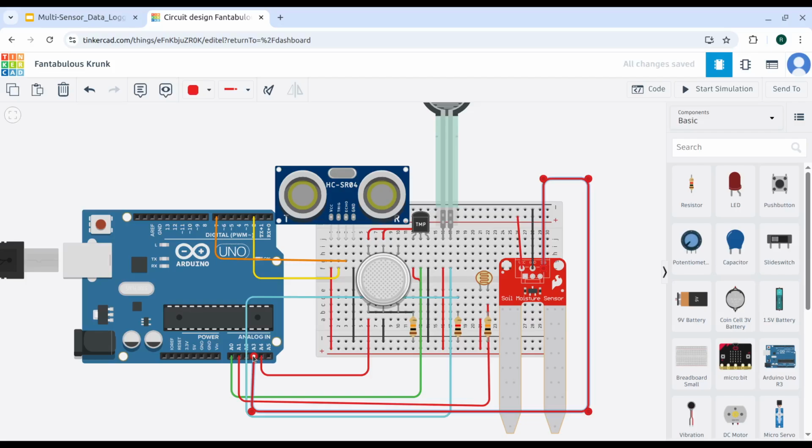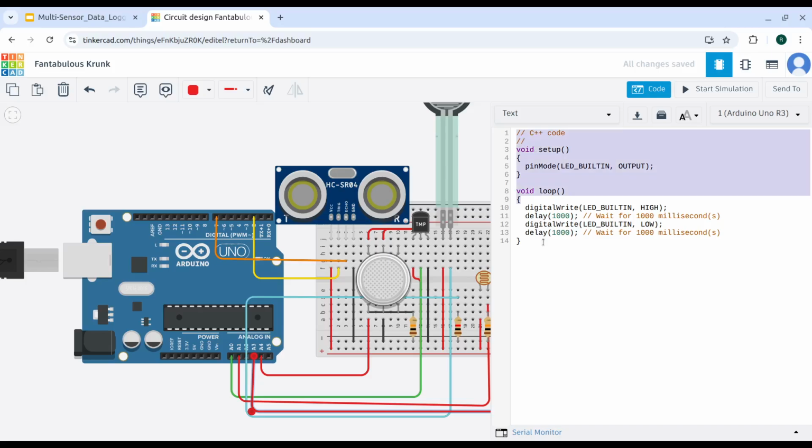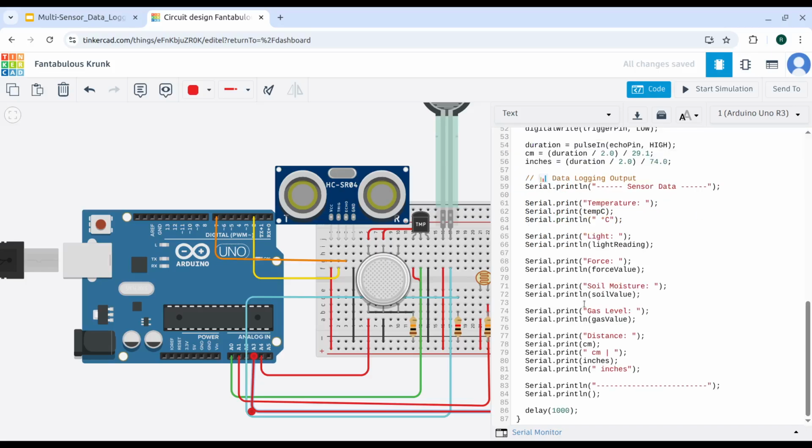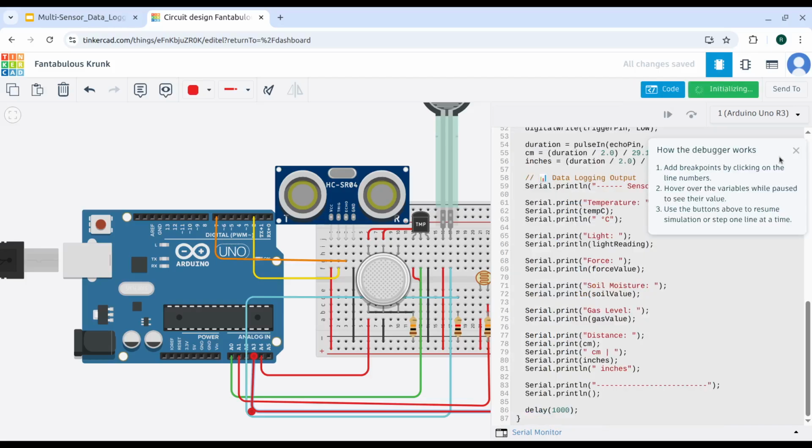Now we need to write the code. Choose text, continue, then code. Now start simulation.